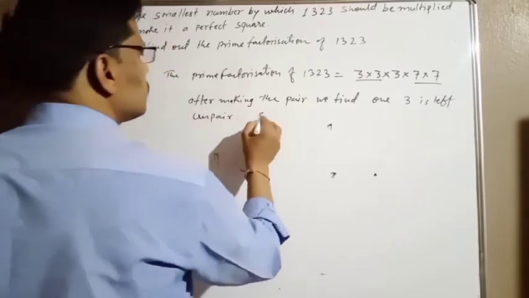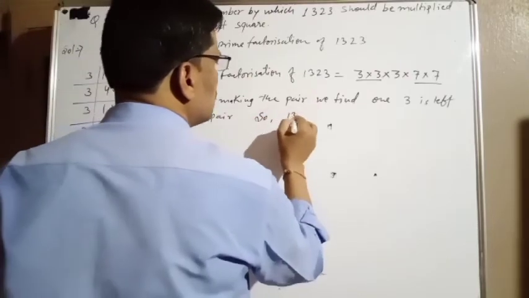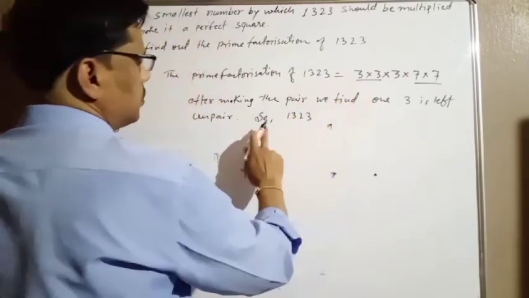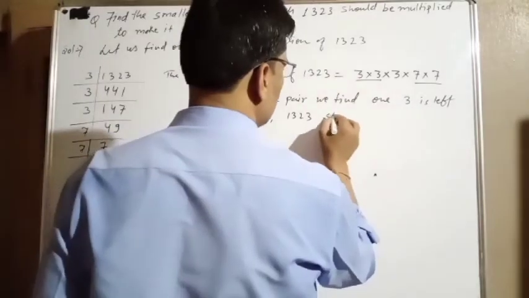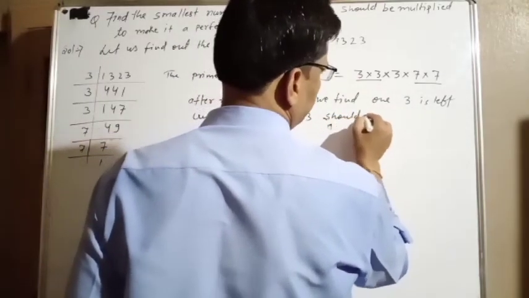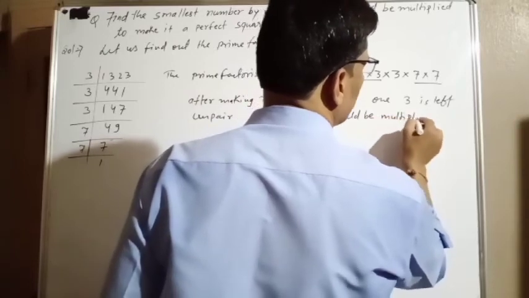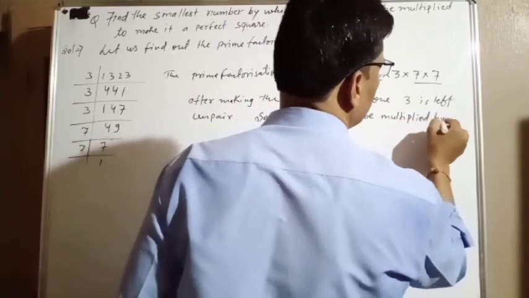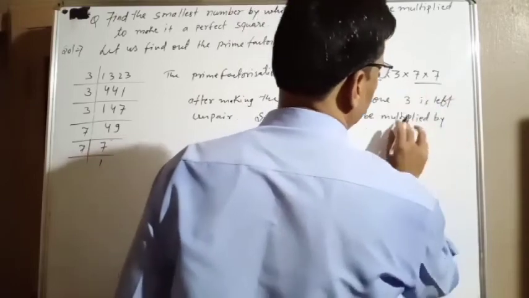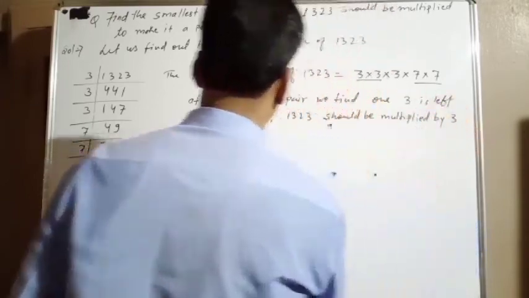So 1323 should be multiplied by this unpaired number, 3.